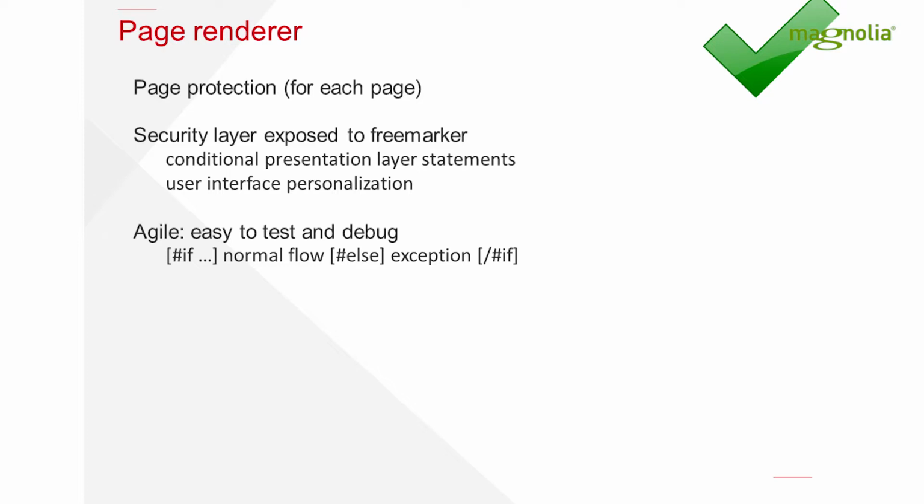And also, some of the security utilities are exposed to Freemarker statements. So the front-end developer can do something like, if user can read gas, show this button, otherwise no. And that's very agile. Probably in other projects, I wouldn't do that kind of thing.